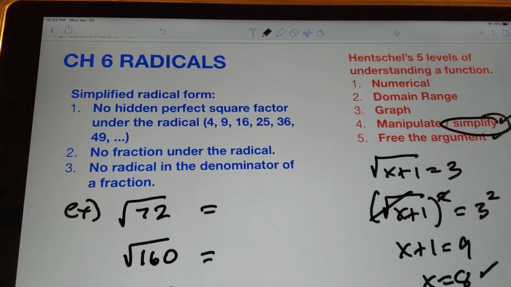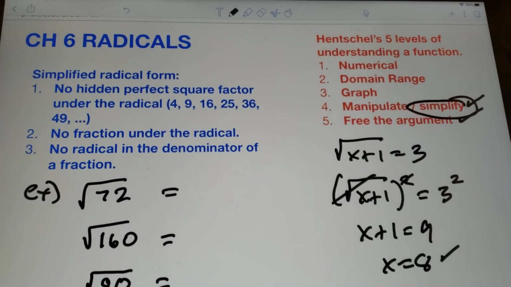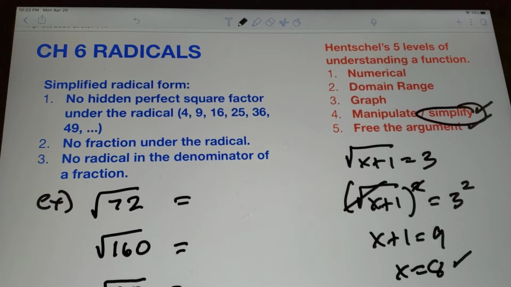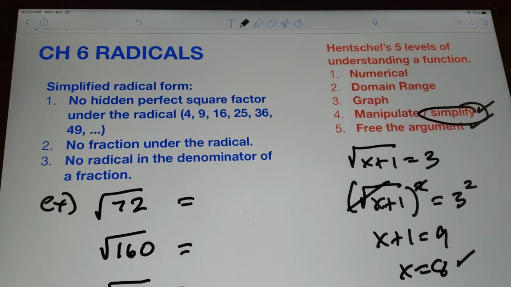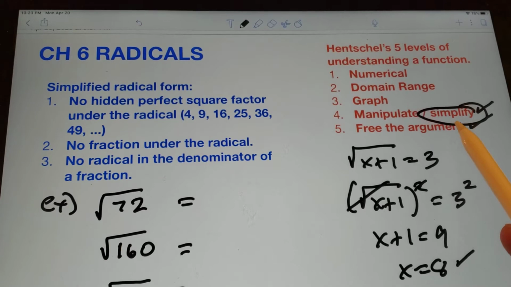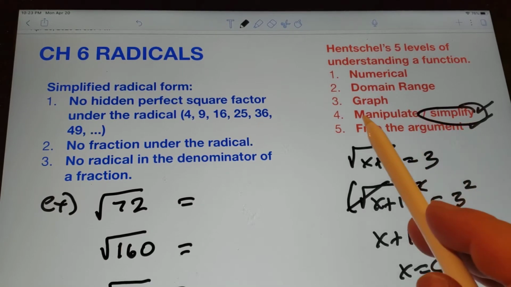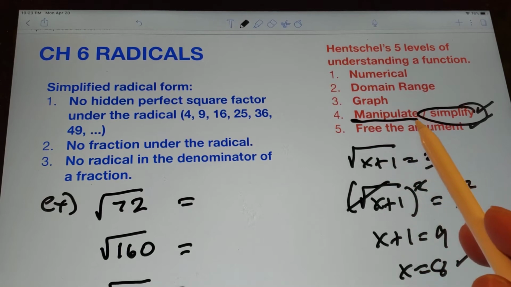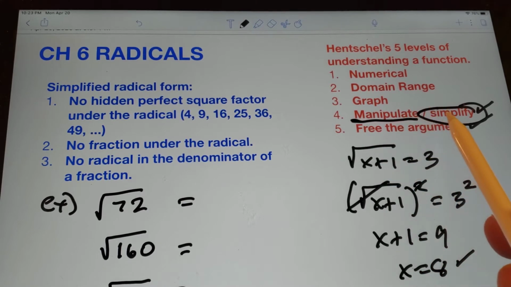All of these functions, none of them really have a simplified form, but radicals do. And so again, it's unique to some functions, which is why I can't just use one word when I talk about dealing with functions. With other functions, we manipulate them, but there's no specific goal in terms of simplifying like there is with radicals.